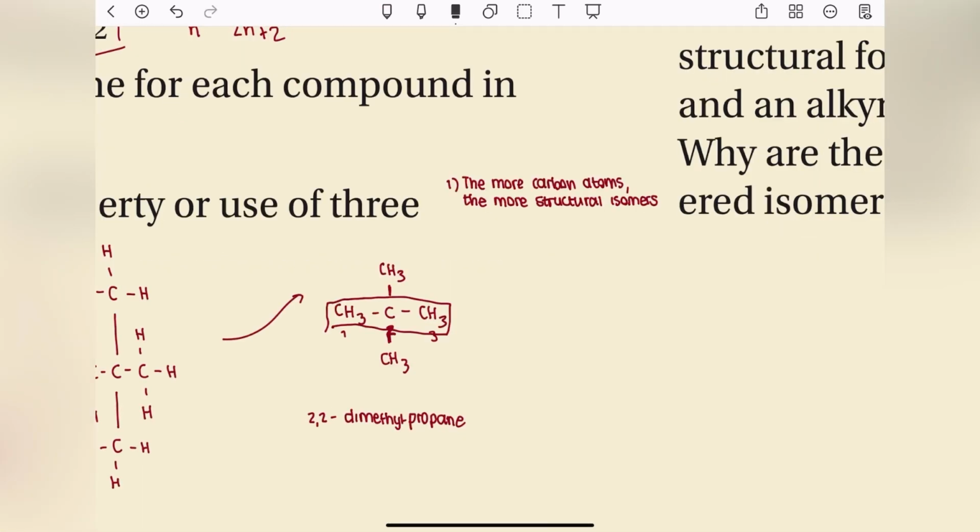The second property that hydrocarbons have is that the greater their molecular mass is, the stronger the intermolecular forces they'll have, and so it'll be more difficult to break the compound apart, and so their boiling points will be higher, and that's why they'll likely be more solid at room temperature rather than a gas or a liquid.